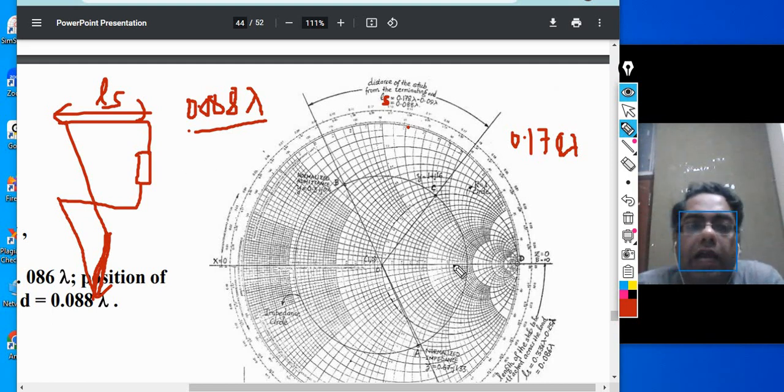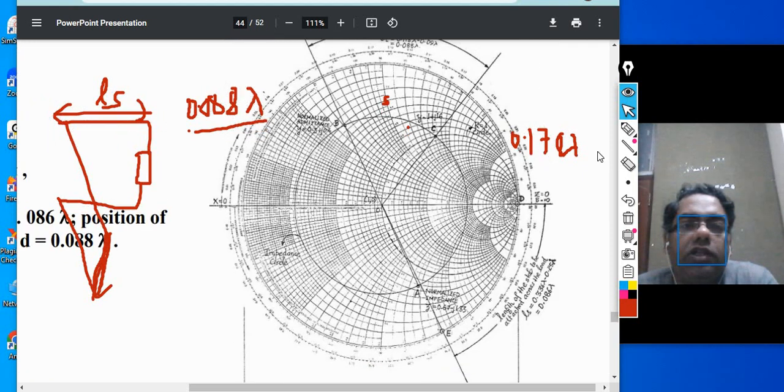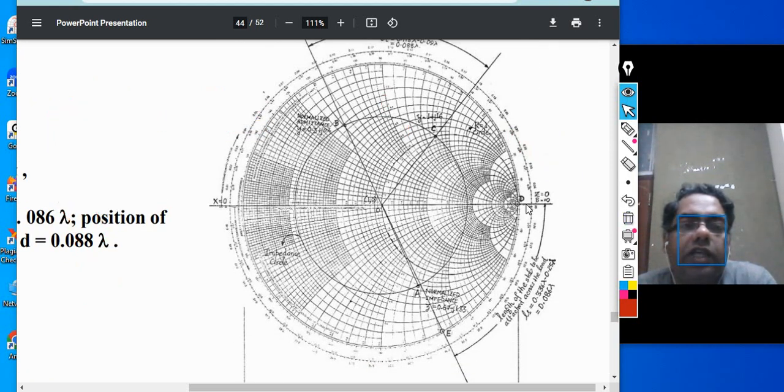If we consider this one as an impedance chart, the extreme right point denotes the open circuit, and this extreme left point denotes short circuit.